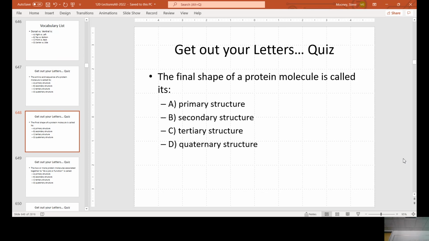Primary, secondary, tertiary, or quaternary structure. Tertiary is the final shape of an individual protein molecule. How do we get quaternary? When two or more different proteins come together.